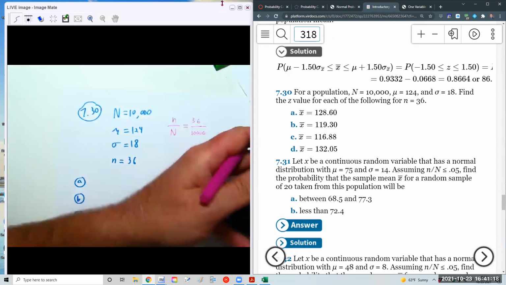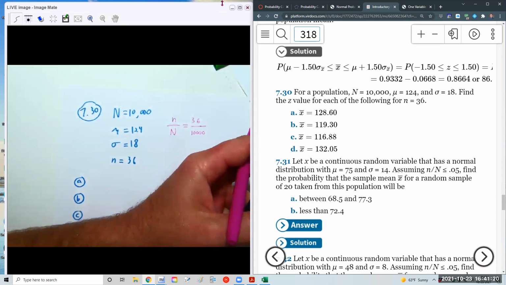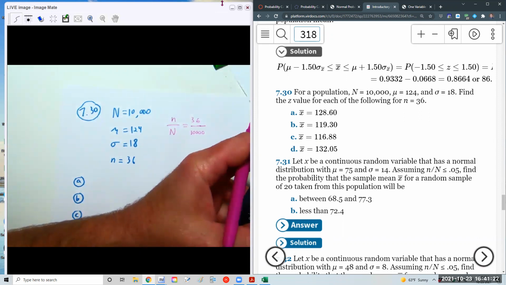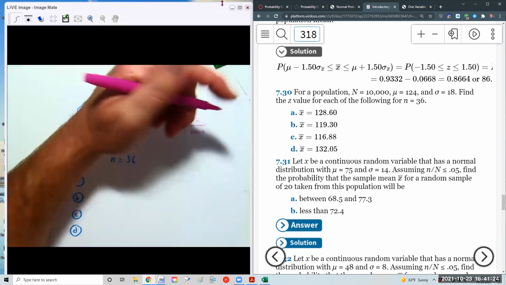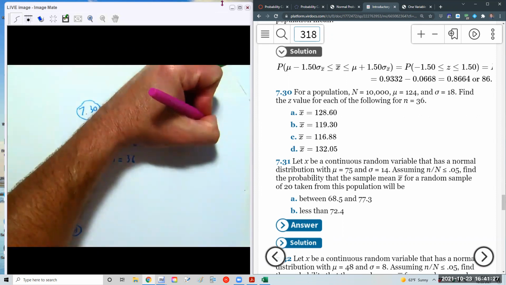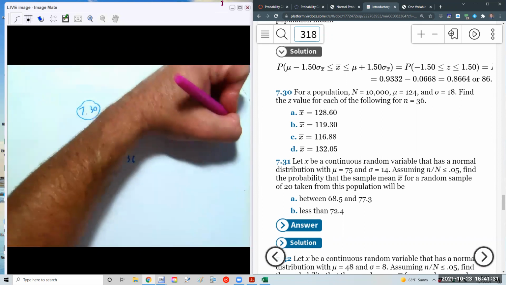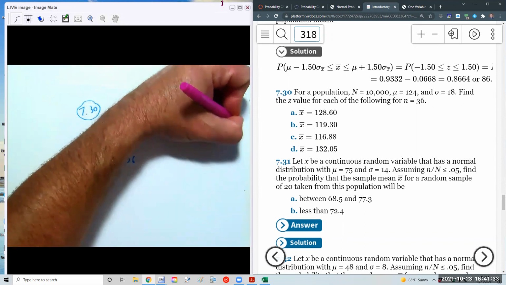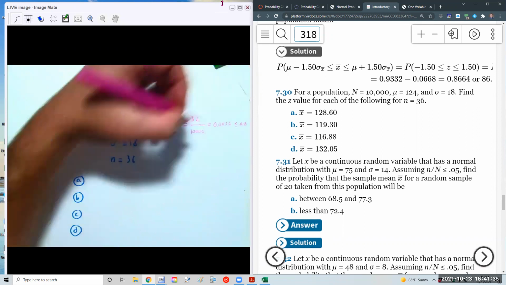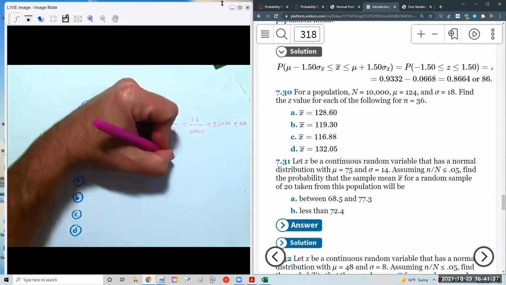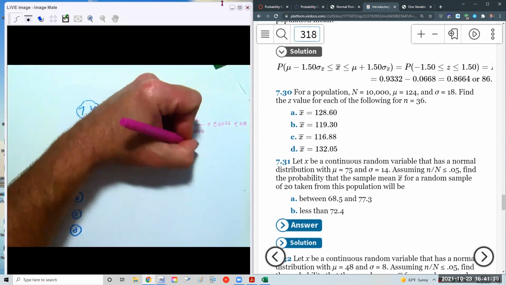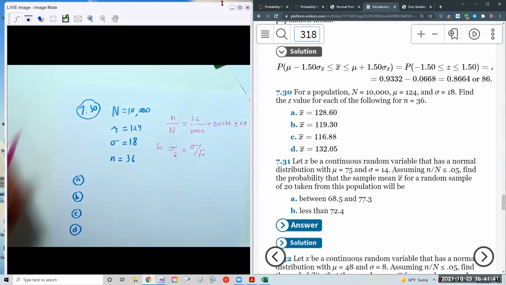And that's certainly less than 5%, isn't it? 36 over 10,000 is 36 10,000s, which is less than or equal to 5%. So sigma sub x bar will be given by the formula sigma divided by square root n. All right, so that much we know.